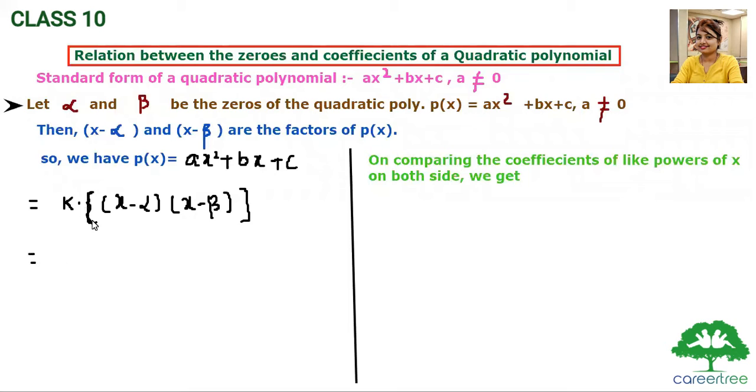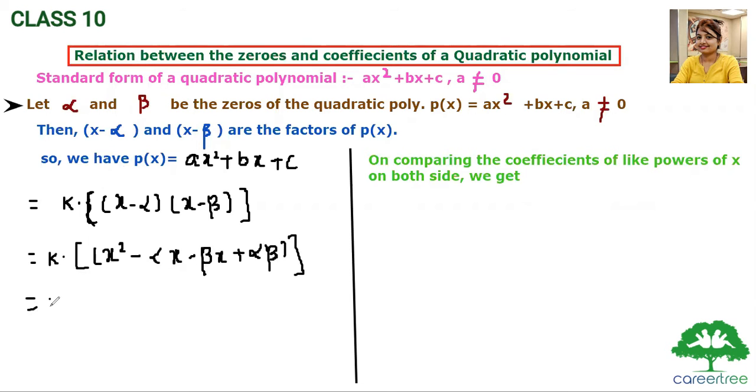Now I'm going to simplify it. I'm going to find the product of these factors, which will be x squared minus alpha x minus beta x plus alpha beta.